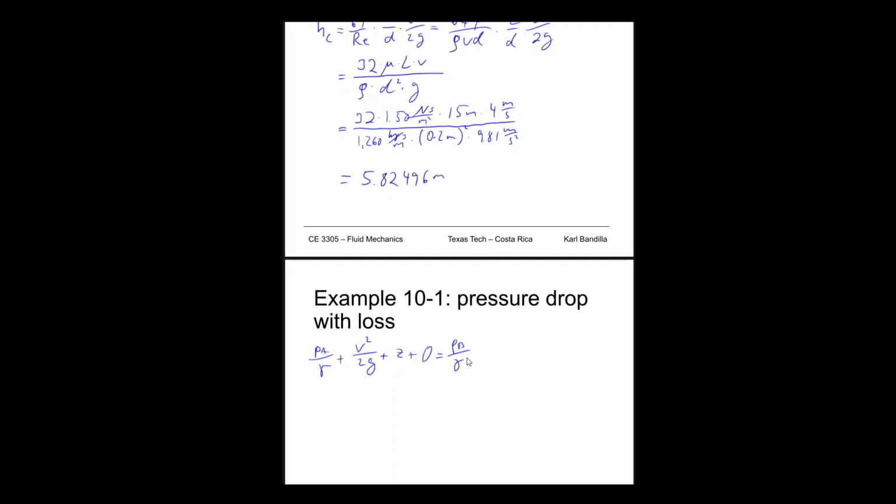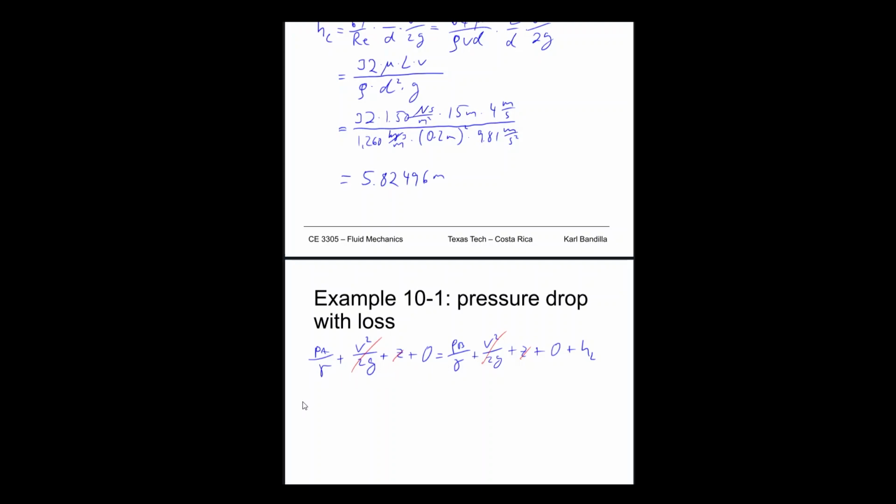PB over gamma plus V squared over 2G plus Z. Nothing from a turbine, and then H loss, which we just calculated. Now we can see that our Z's cancel out and our velocity head cancels out as well.